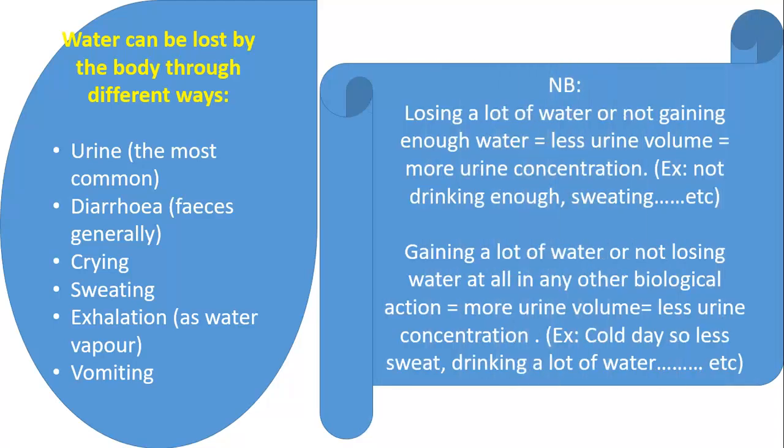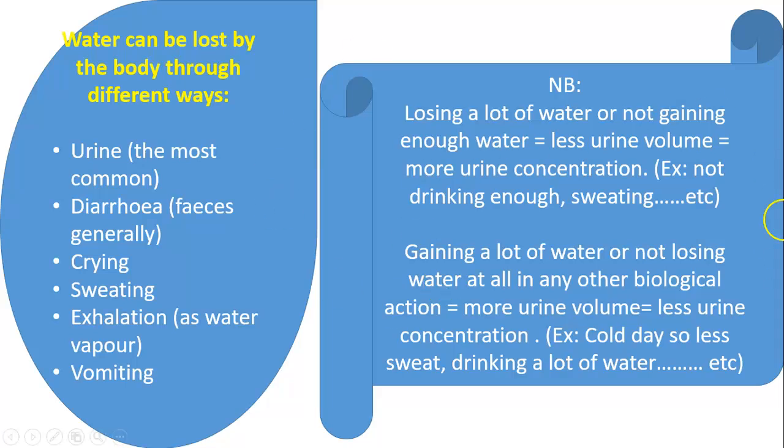If we lose a lot of water, this means that we will have less urine volume and more concentrated urine, which means that if we don't drink enough water, if we sweat a lot or do any of those body functions, we will lose more water in other ways. So we will have less urine volume and we will have concentrated urine.